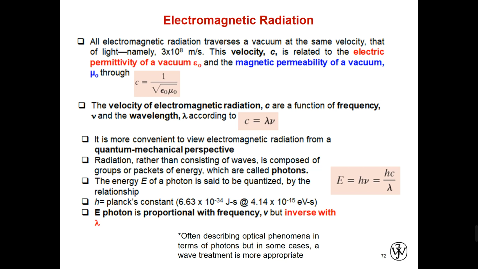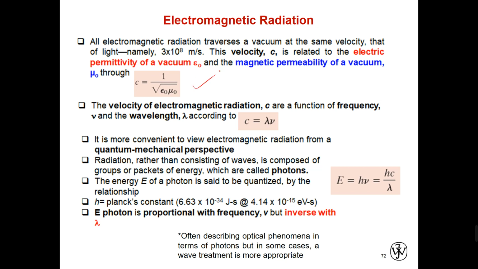So what is electromagnetic radiation? All electromagnetic radiation traverses a vacuum at the same velocity, that of light, namely 3 times 10 to the power of 8 meters per second. This velocity c is related to the electric permittivity of a vacuum, epsilon 0, and the magnetic permeability of a vacuum, mu 0, through this equation.